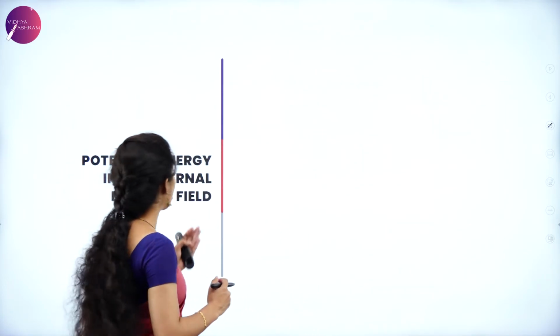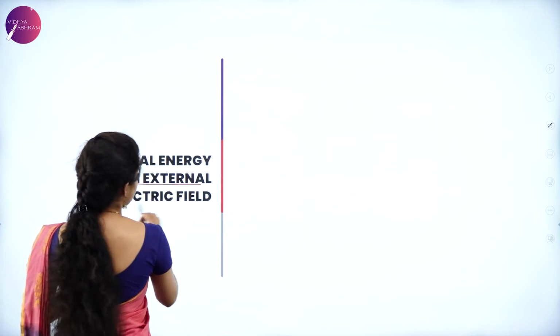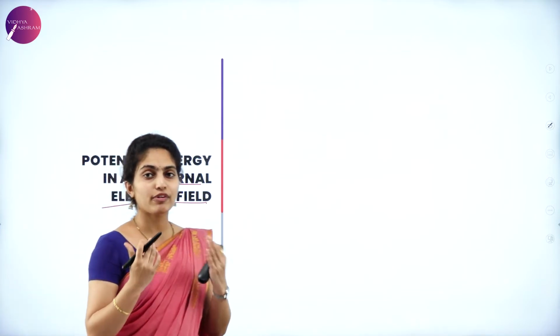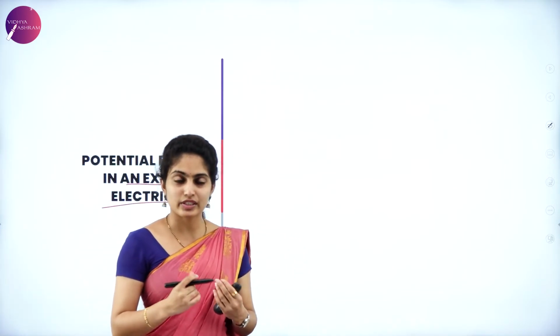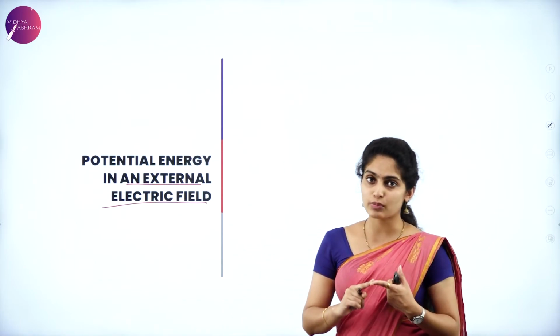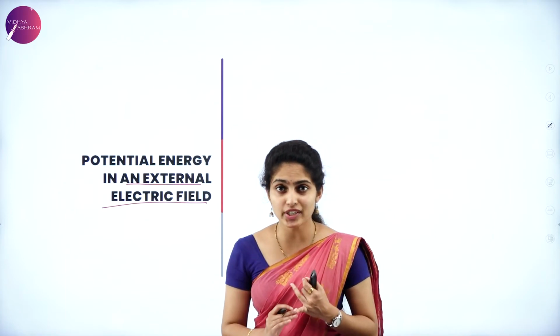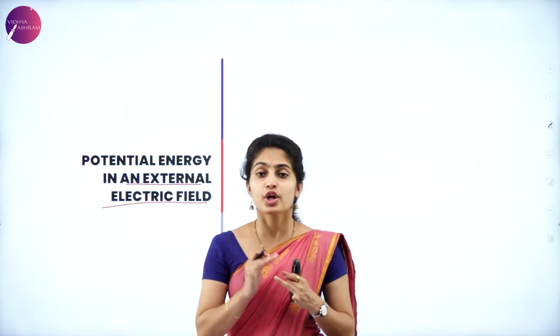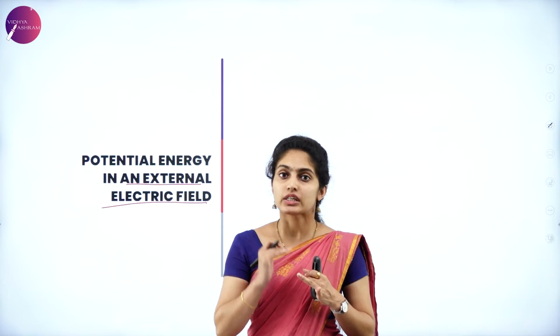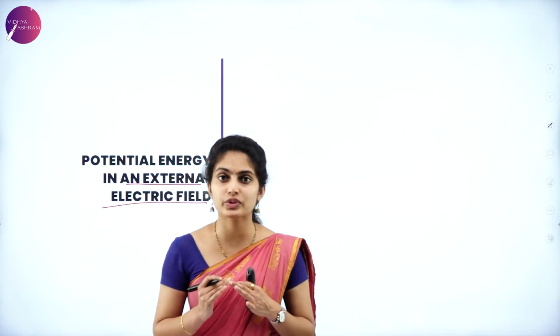So now moving on to potential energy in an external electric field. It is subdivided into three types, that is potential energy due to a single charge, potential energy due to a system of two charges, and finally potential energy due to the dipole.